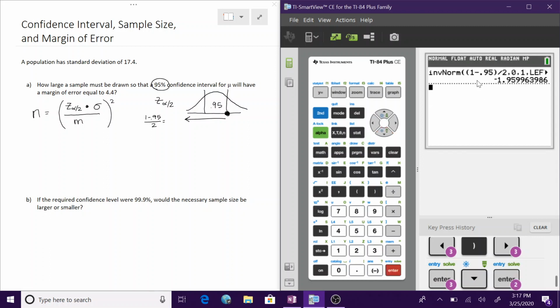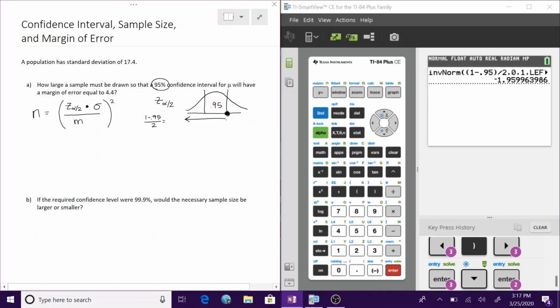And what we're going to get here is the negative value to the one that we want. So our positive value right here would be 1.96. Now I do this because I know that the positive value is what's going to be on the right and the negative value is going to be what's on the left over here. And we know this because we're dealing with a standard normal curve.